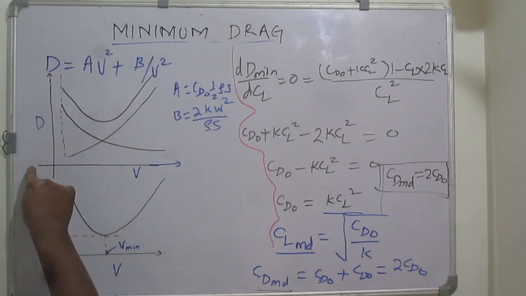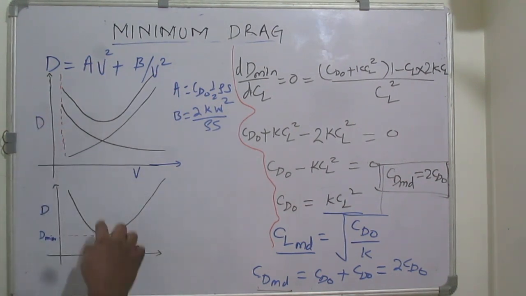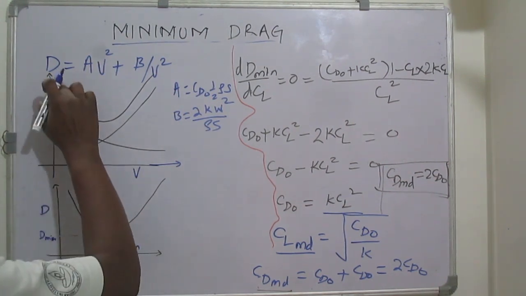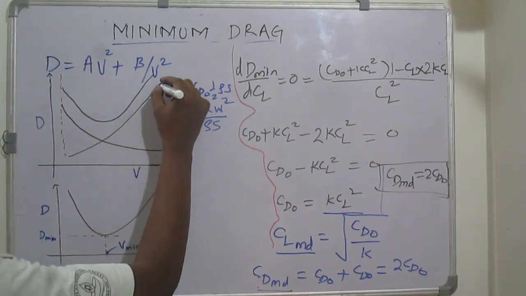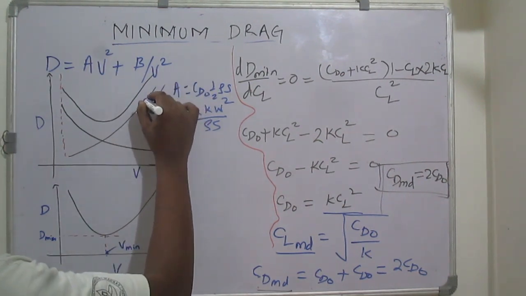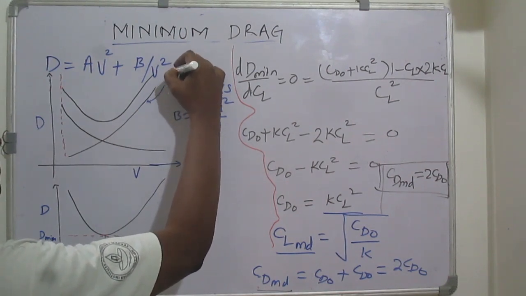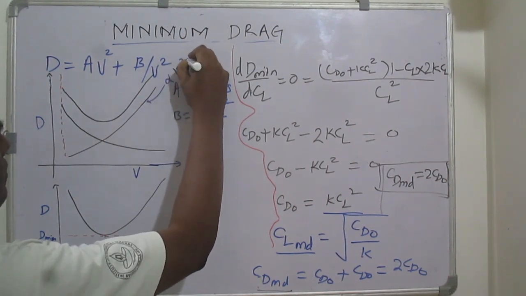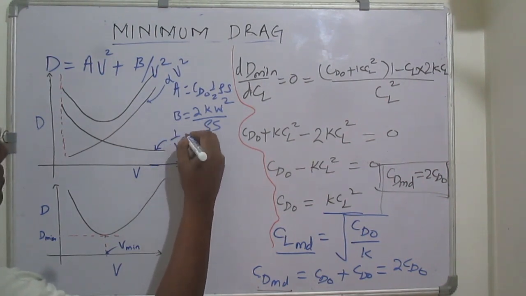So here we are representing drag versus velocity. The vertical axis is drag, the horizontal axis is velocity. The first term is directly proportional to V square, whereas the second is inversely proportional to V square.